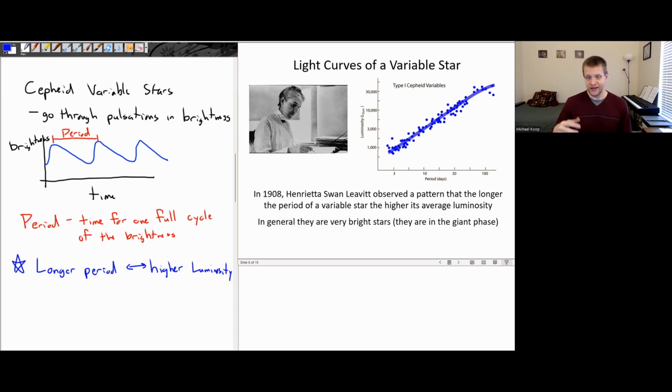Another thing that is extremely helpful for us is that they are all very bright overall. So they're all high luminosity, all higher than average luminosity.